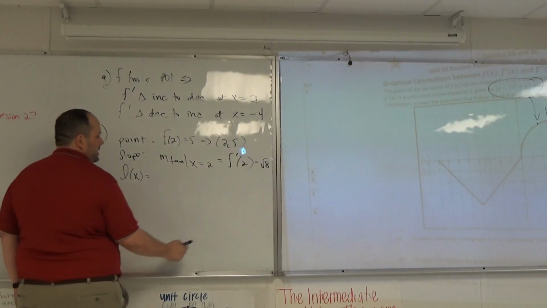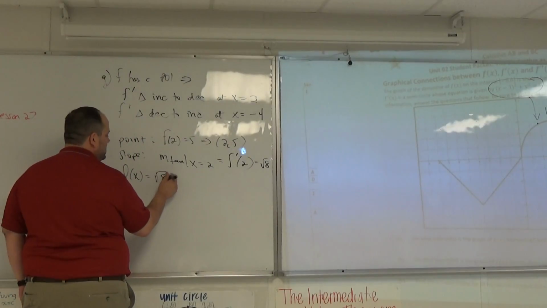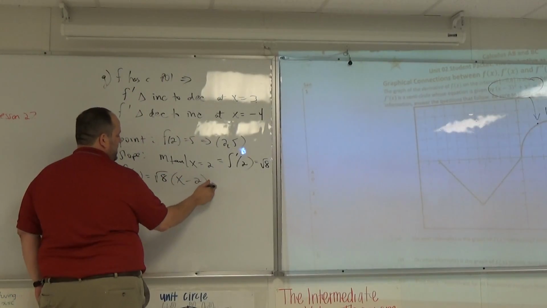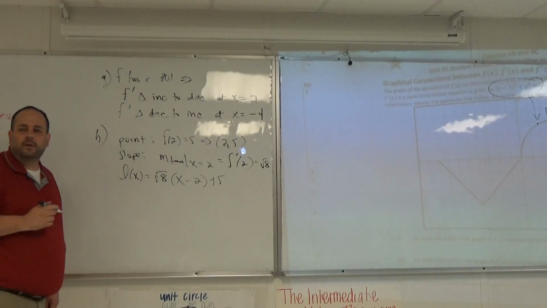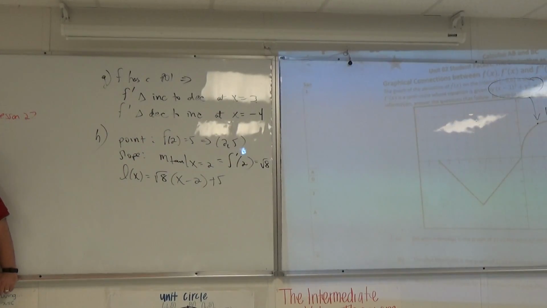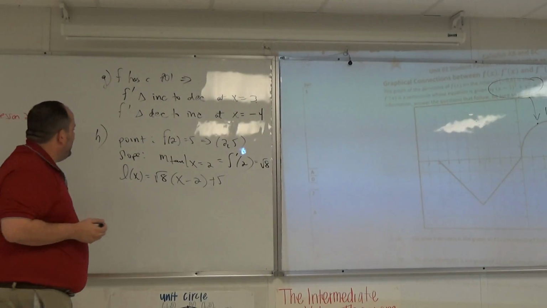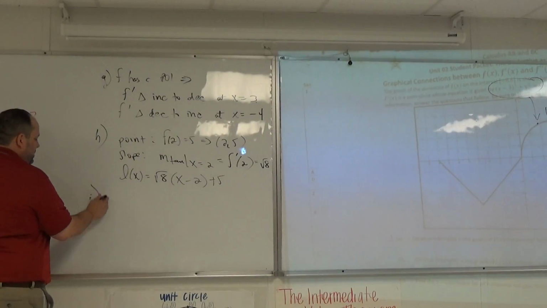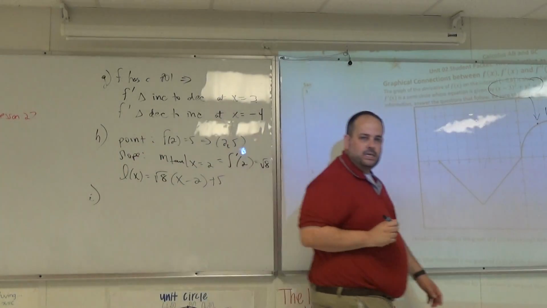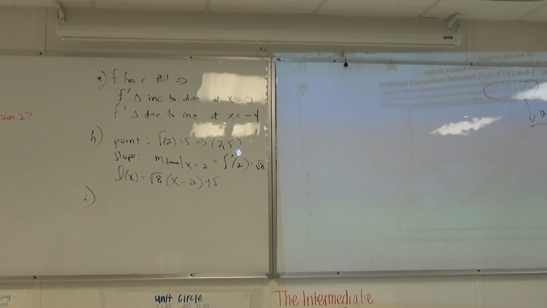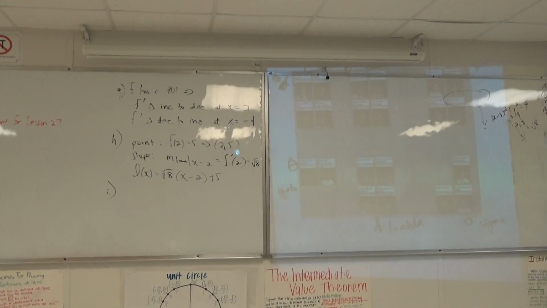L of x is going to be slope, square root of 8, times x minus 2 plus 5. Nice job, Carmen. All the friends okay? Friends at North Central are okay? All right, now here comes the push. Is it part I, where they ask for the estimate? Is that what's happening in part I?